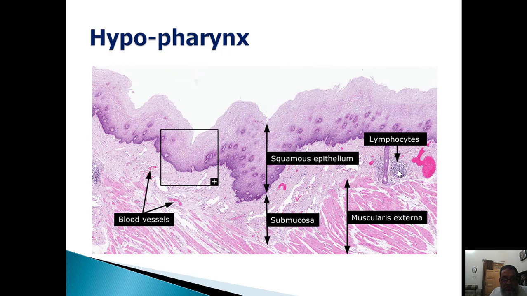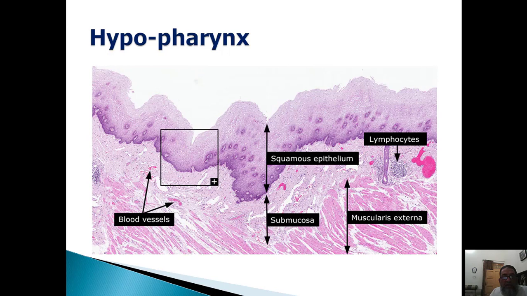The muscle is skeletal in nature. Now in this diagram, the submucosa is also present. The submucosa is the part which consists of dense connective tissue with blood vessels, and the nerve plexus is also visible.